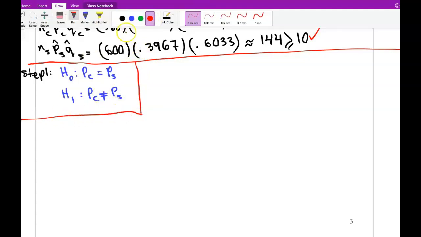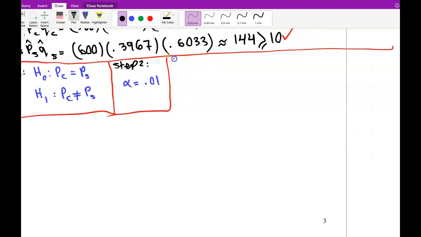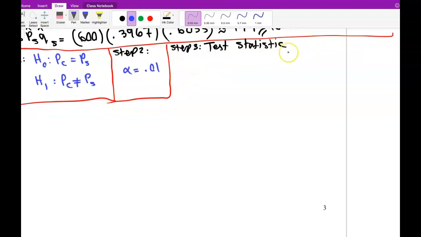Okay, now step 2 was finding alpha. The alpha is given, alpha is 1%. Then step 3, finding z. To find z, we should find p hat first.